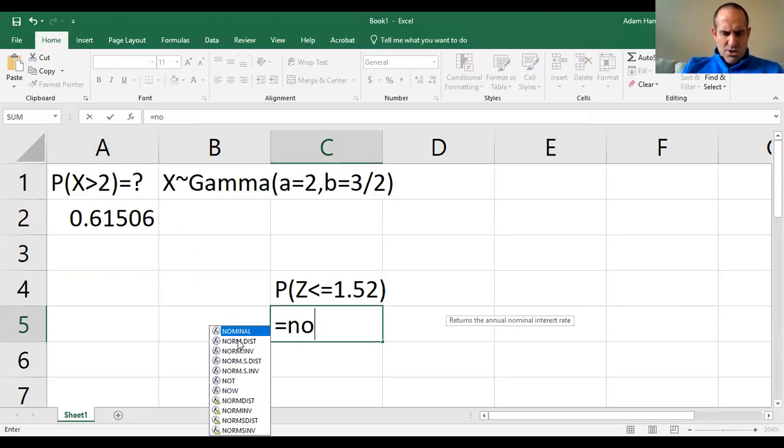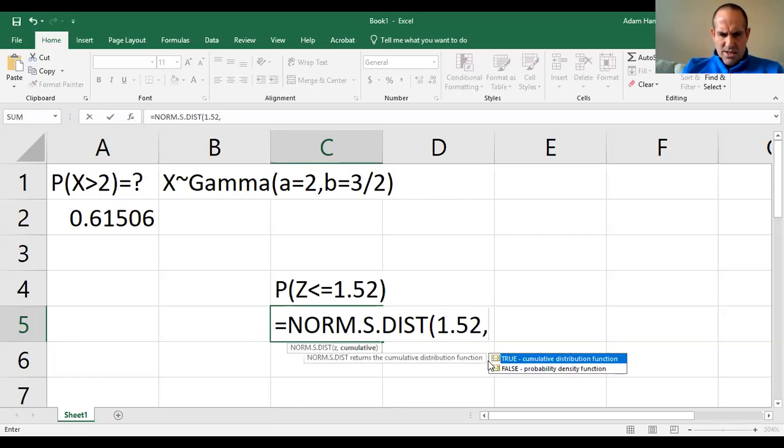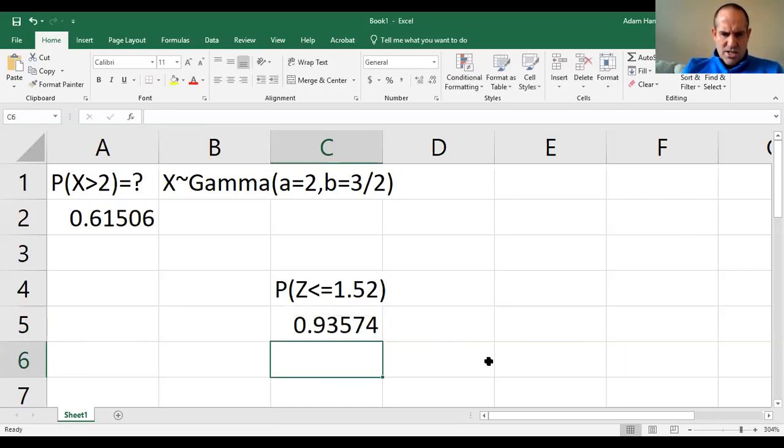You can even do normal distribution for any mean and variance, but normal standard distribution is right here. So what's the z value? 1.52. And do I want cumulative? Well, yes, I do. So that's 93.6% basically.